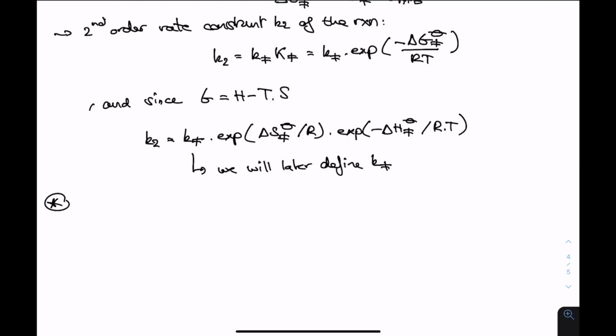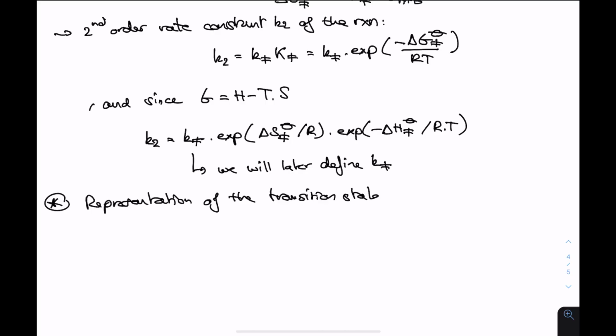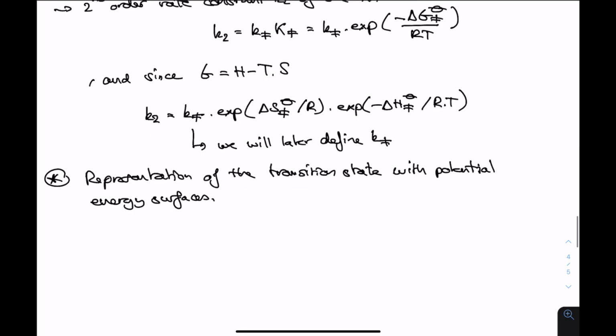So let's look at the representation of the transition state with potential energy surfaces. Why?